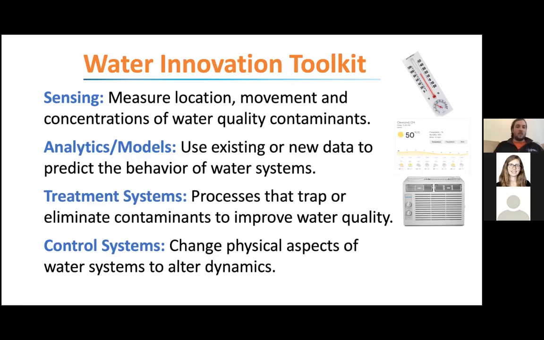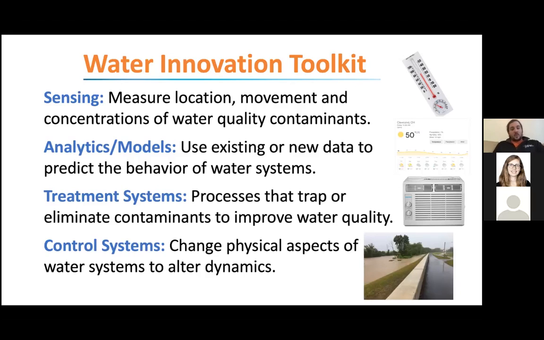Similarly with heating, obviously. You could also look at the predicted behavior, the model that says tomorrow it's going to be hot, and think, "Okay, well, maybe I should go buy an air conditioner because I don't have one right now." This is a way to think about treatment systems. They're physical systems that alter the quality.